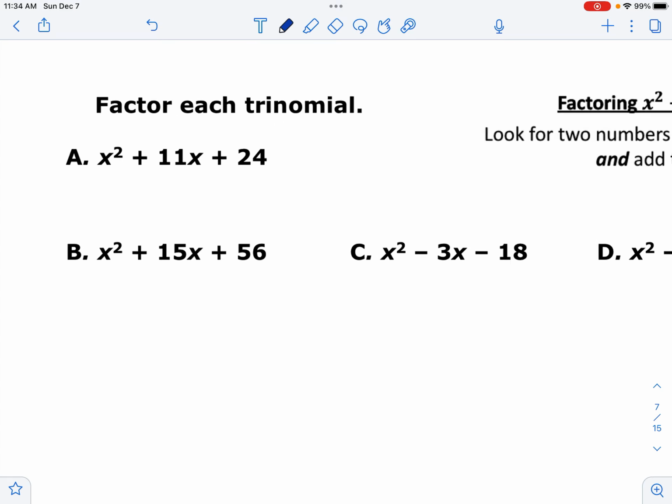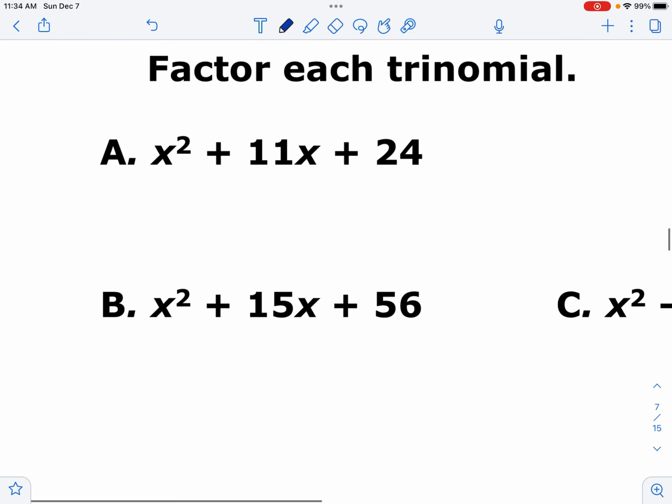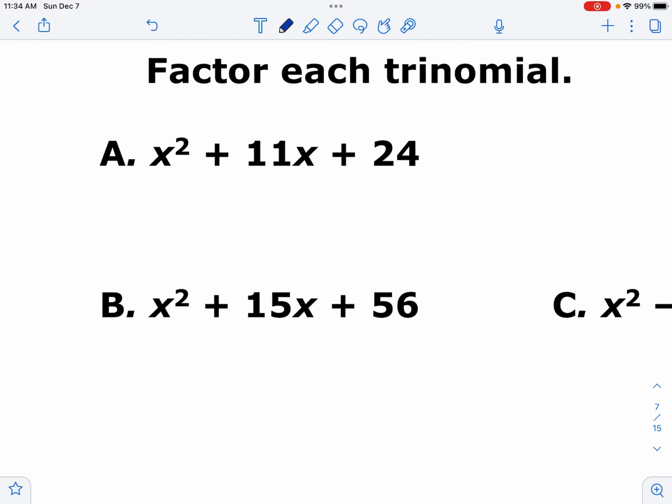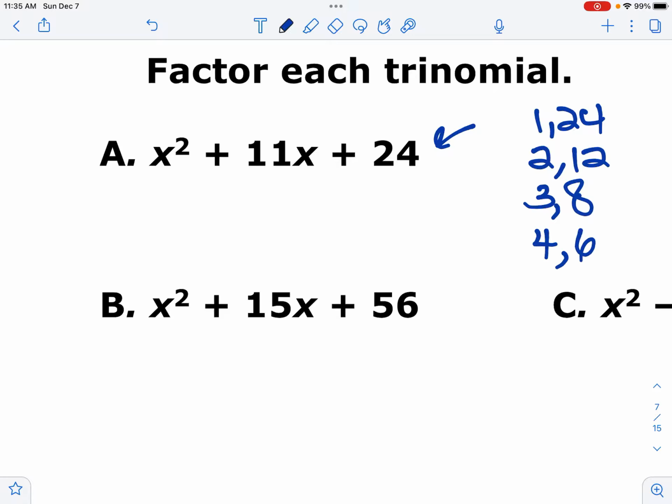So let's take a look. We should have done this quite a bit last year, but you are going to start by looking for numbers that multiply to be 24, right? So factors of 24 would be 1 and 24, 2 and 12, 3 and 8, 4 and 6.